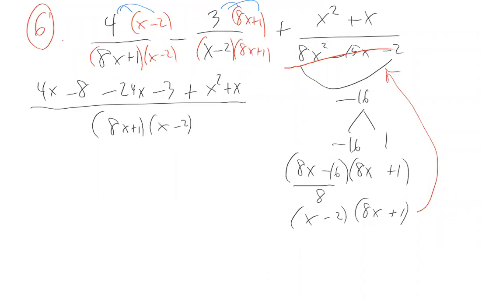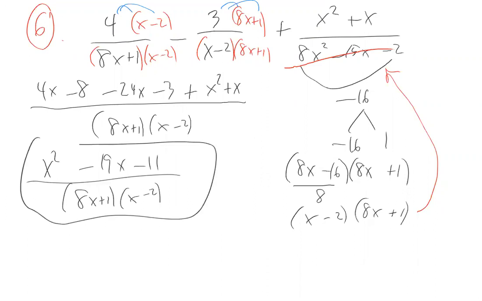Then combine the like terms on the top. You'll have x squared first. Then 4x minus 24x is -20x plus x, that's -19x. -8 minus 3 is -11. And it'll still be all over 8x plus 1 times x minus 2.